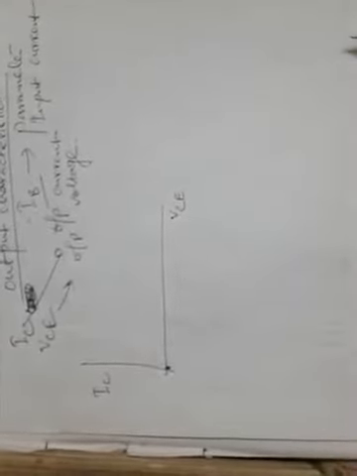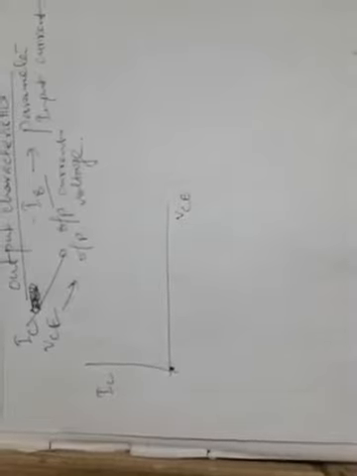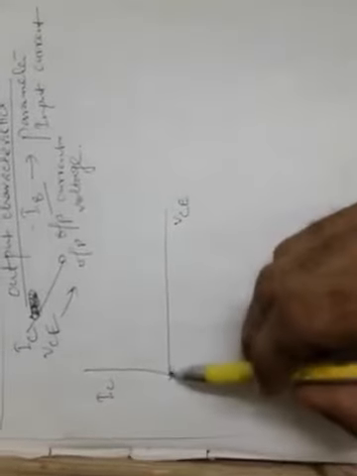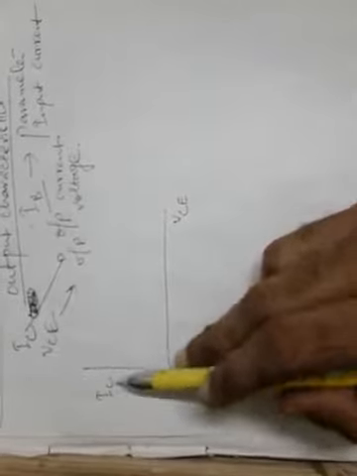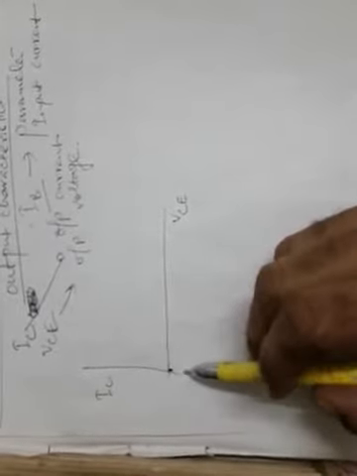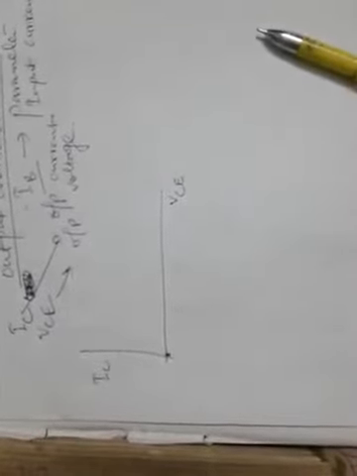So the collector current will not be generated in that case, and it will be almost zero. So for very low values of VCE, IC will be small, almost equal to 0.